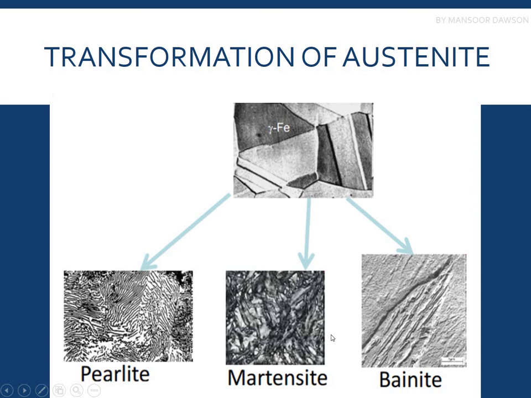However, this would have a BCT structure. FCC should be converting into the BCC structure, but due to the diffusionless transformation, the carbon does not diffuse out, and it gets stuck in between the lattice of iron, and so a martensitic structure, which is body-centered tetragonal, BCT, is achieved.